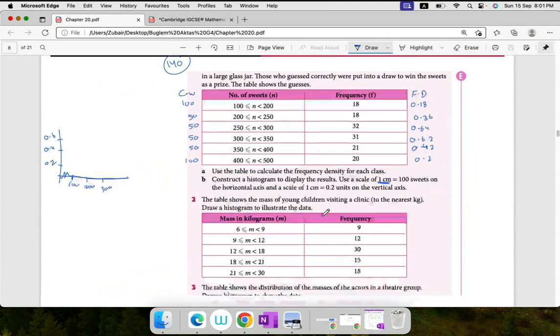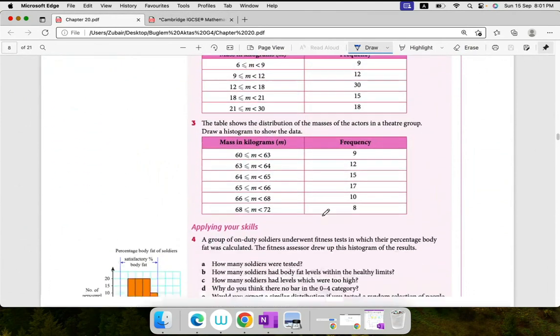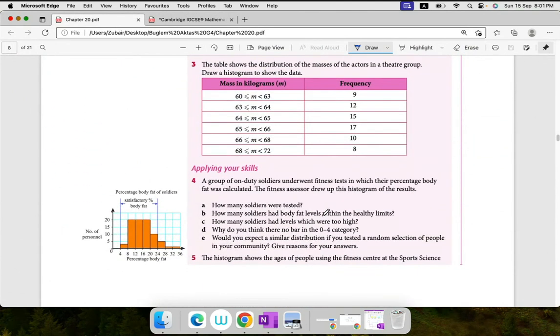Every next question would be similar to the previous one.